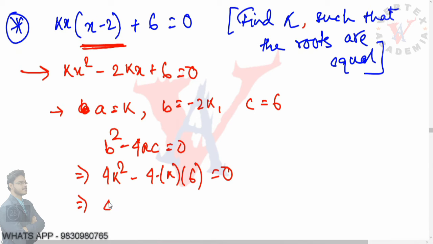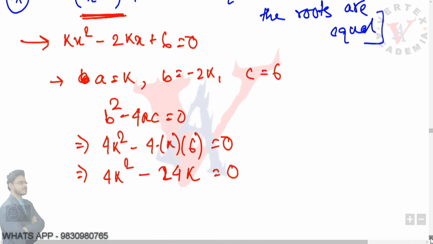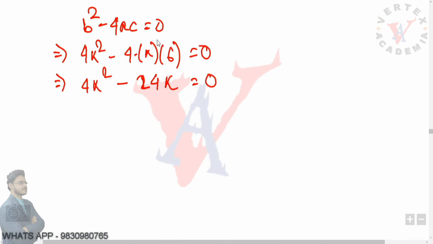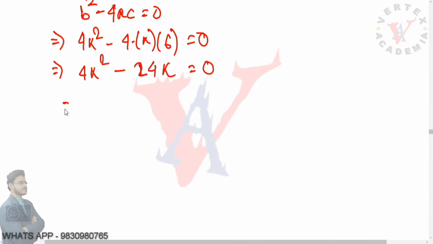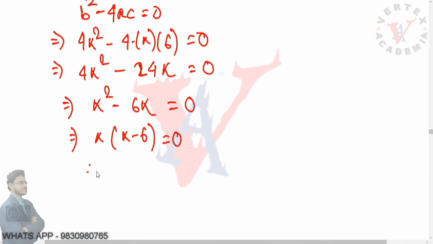So we are getting 4k square minus 24k equals 0, or k square minus 6k equals 0, or k into k minus 6 equals 0. Therefore k equals 0, 6.